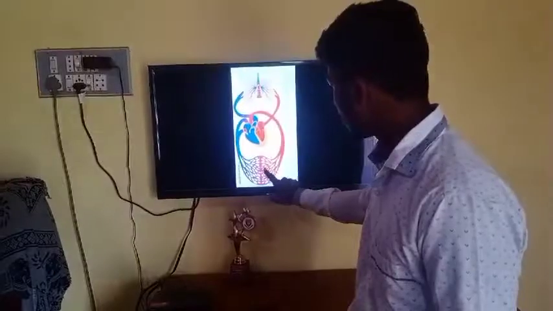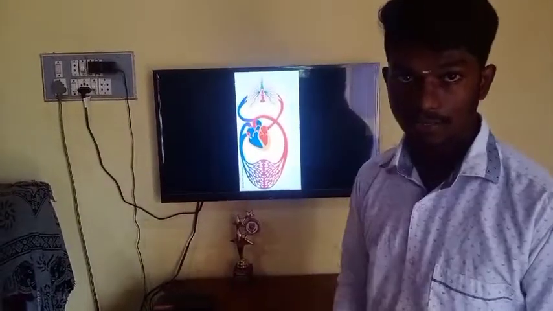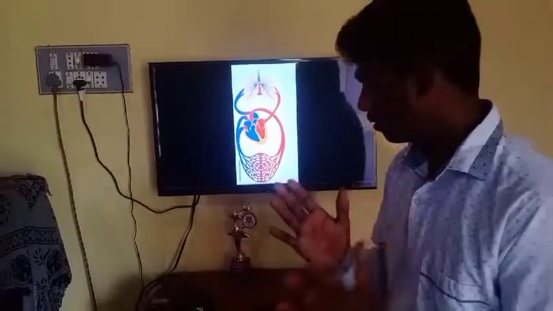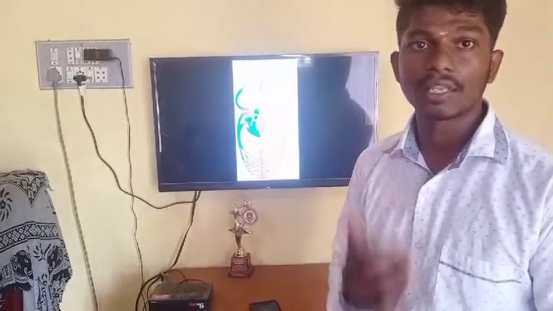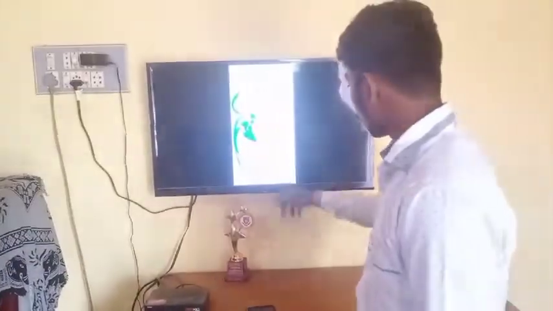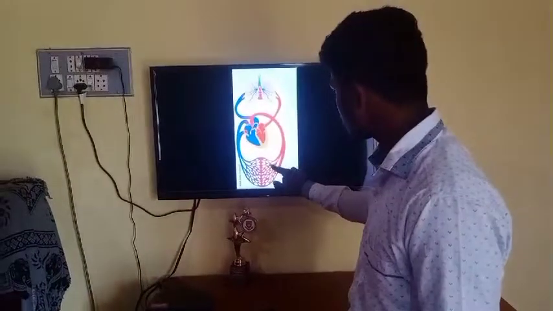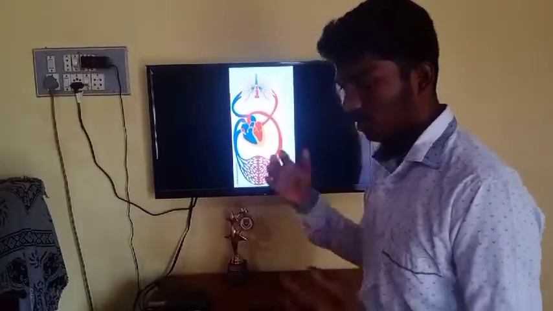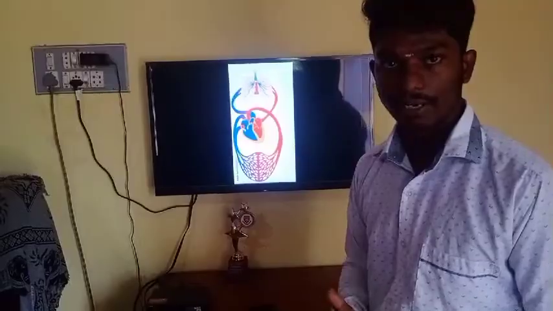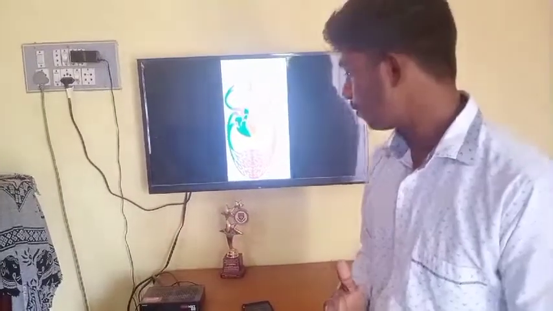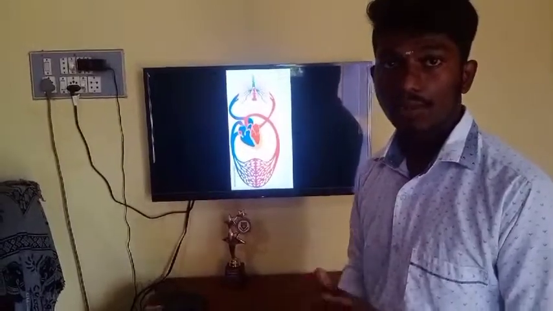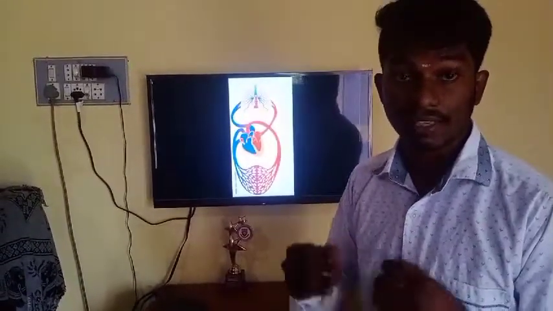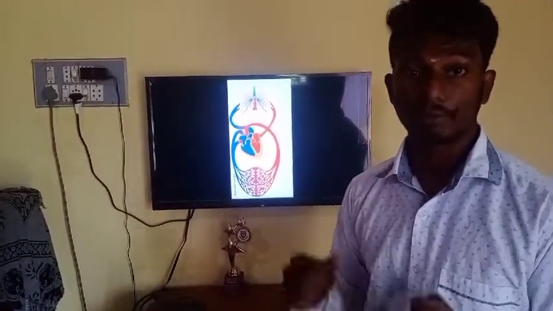And the oxygen and various minerals and nutrients present in the blood are given to the internal organs, means for energy production. For energy production, it gives oxygen; various minerals like glucose and nutrients are carried in the blood through various organs. It also helps with the regulation of our body, means the temperature is also maintained by the blood vessels.